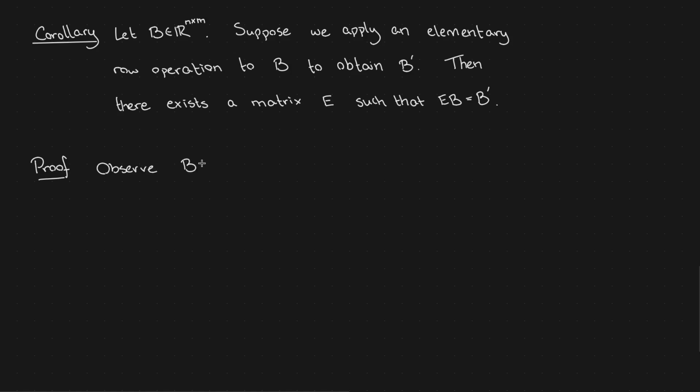Observe that B is equal to I sub n B, where of course I sub n is the n by n identity matrix. Now what we're going to do is apply the theorem that we just proved above to this product.